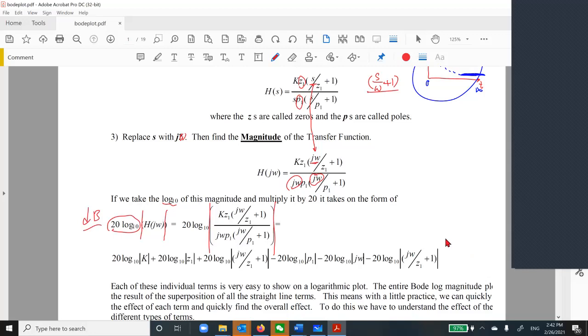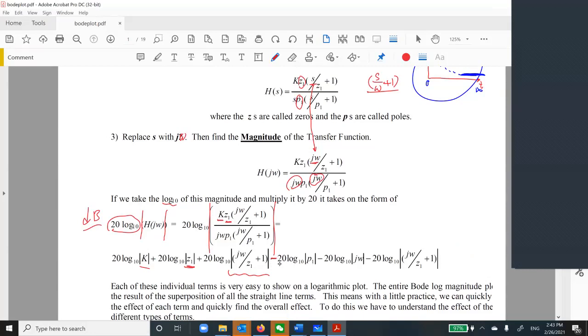Because we are using log, the product is plus and division is minus. So the first one is 20 log K, this term. You have the term for the zero. Then minus, remember, minus, because it's divided by.